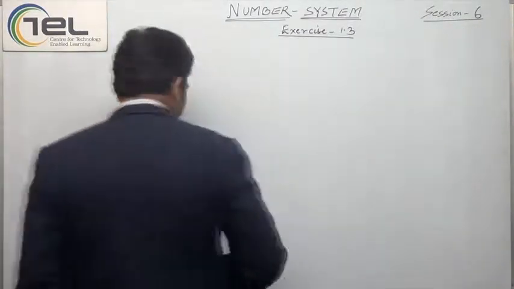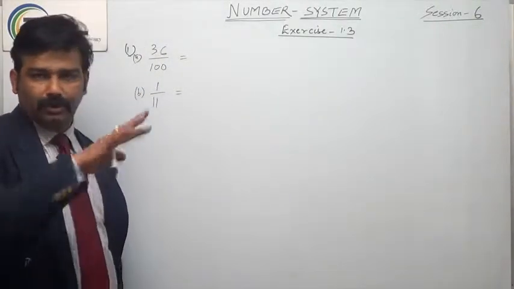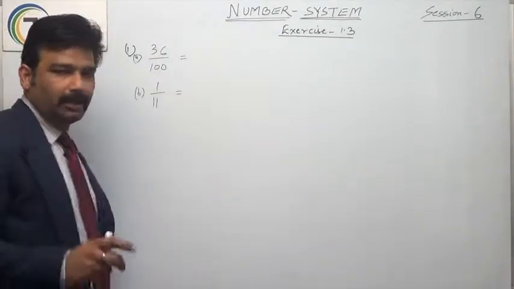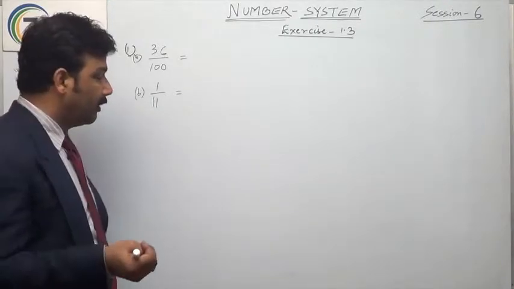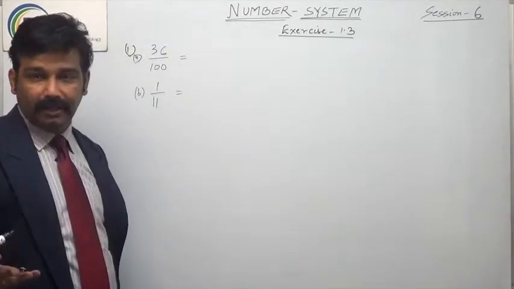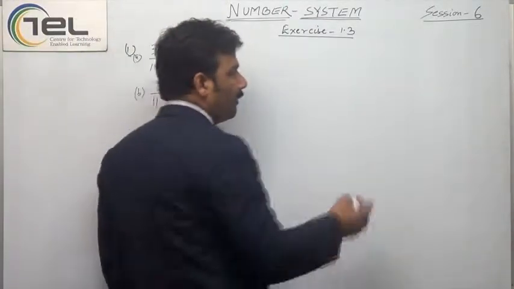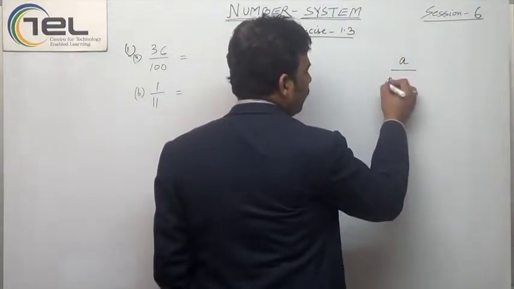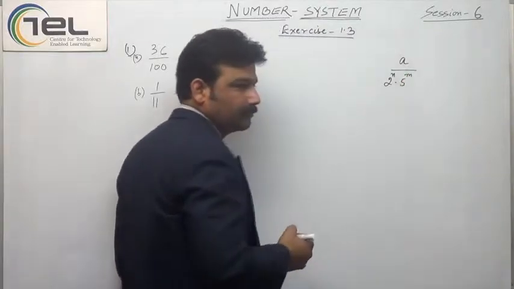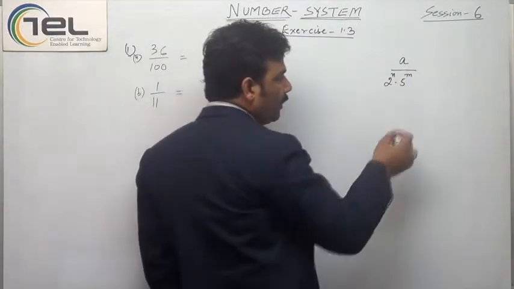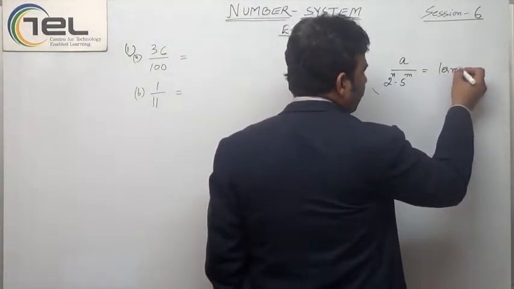Before solving this, I would like to tell you that without solving them, you can directly answer what kind of decimal expansion they have, whether terminating or non-terminating repeating. If I have a number like a over 2 raised to the power n, 5 raised to the power m, that is, if the denominator can be written in this form, then it will always be terminating.